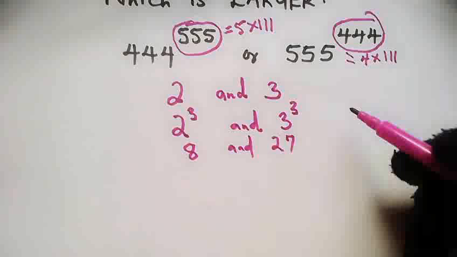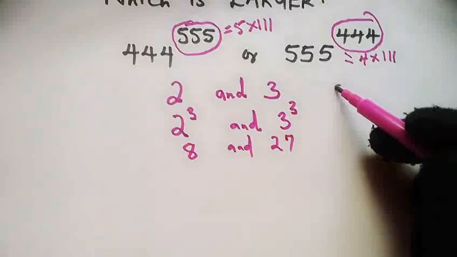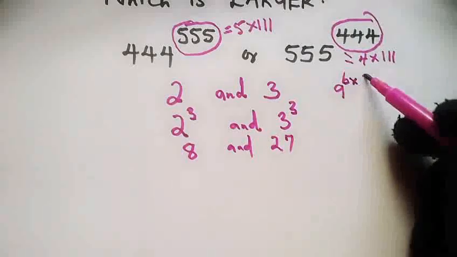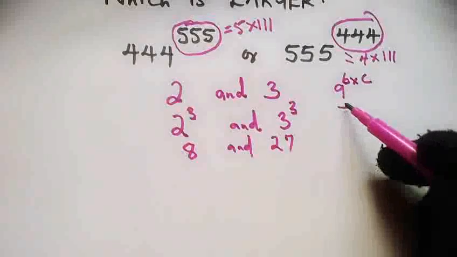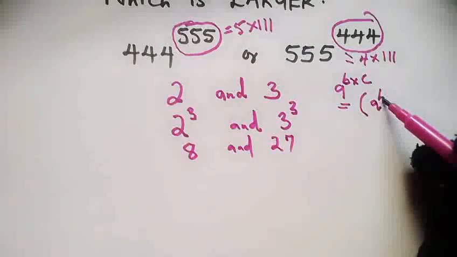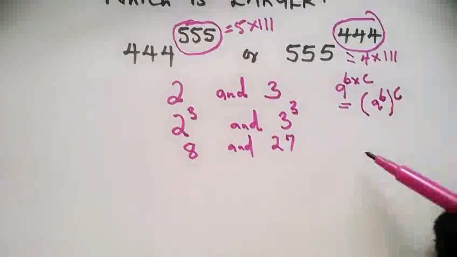Now we're going to use this law of indices: a raised to the power b times c is the same thing as, in bracket, a raised to the power b, close bracket, then raised to the power c. So we're going to use this here.